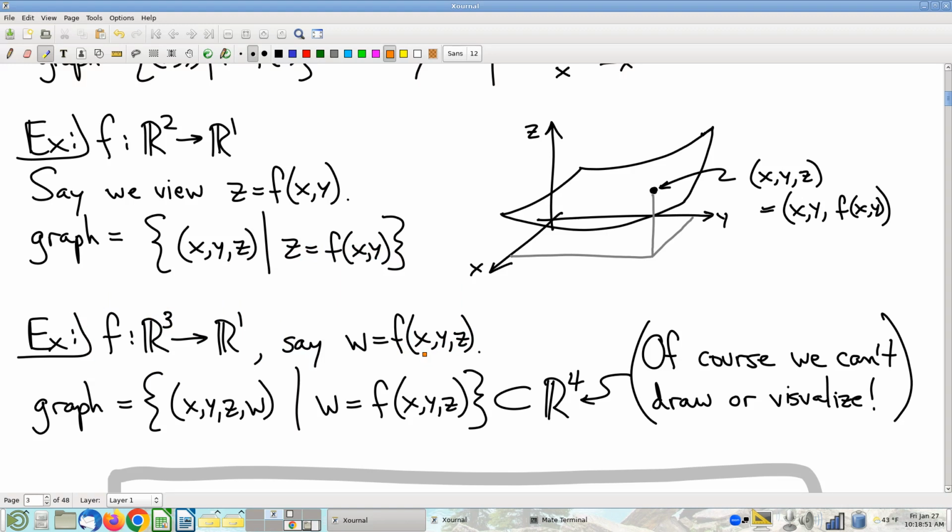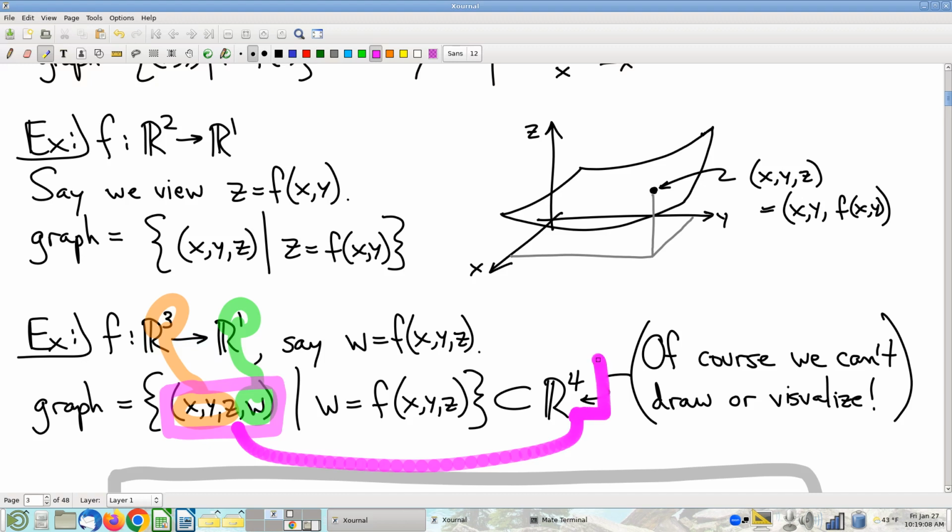Here's the thing: we've got three input variables and one output variable. And so altogether, our graph is going to consist of points with four coordinates, so our graph lives inside of four dimensions, which we cannot even pretend to be able to draw.